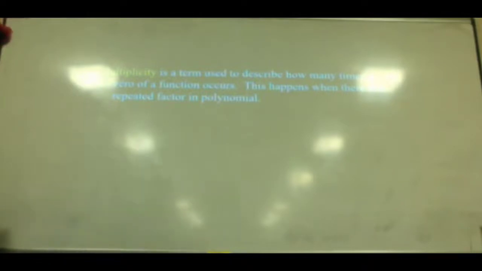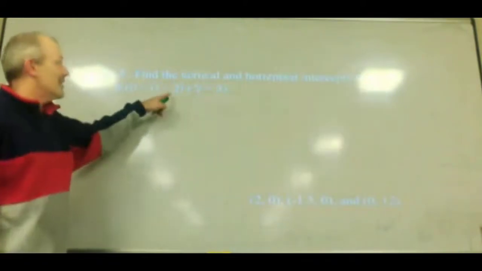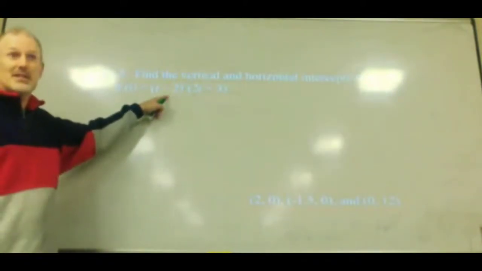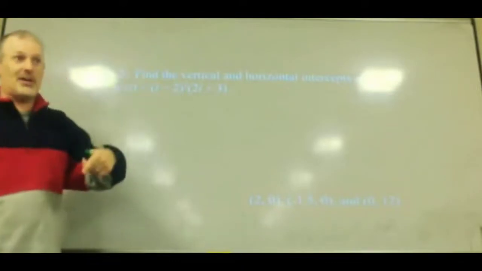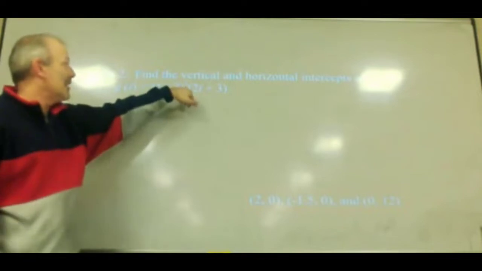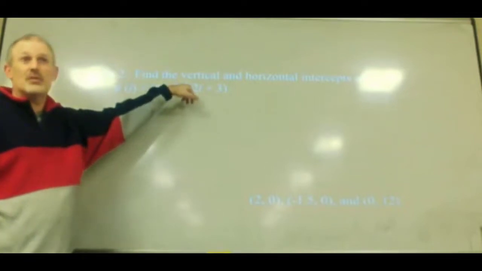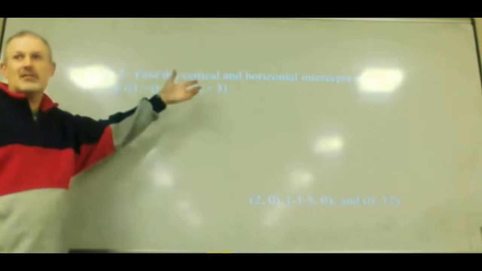If we go back, right here, you see how this factor occurred twice? T minus 2 was there 2 times. And when we solved it twice, we got the same answer both times, right? So that means that zero occurs twice. That's what we mean by multiplicity. So in this case, the multiplicity is 2. It's just whatever the exponent is, because that tells you how many times it's there.